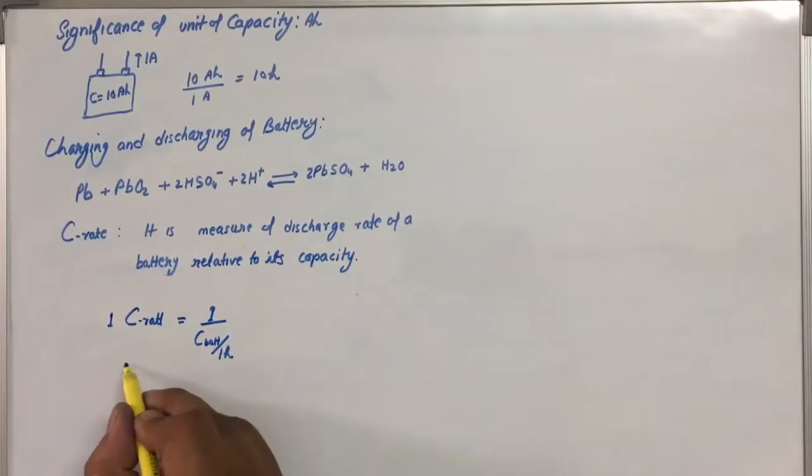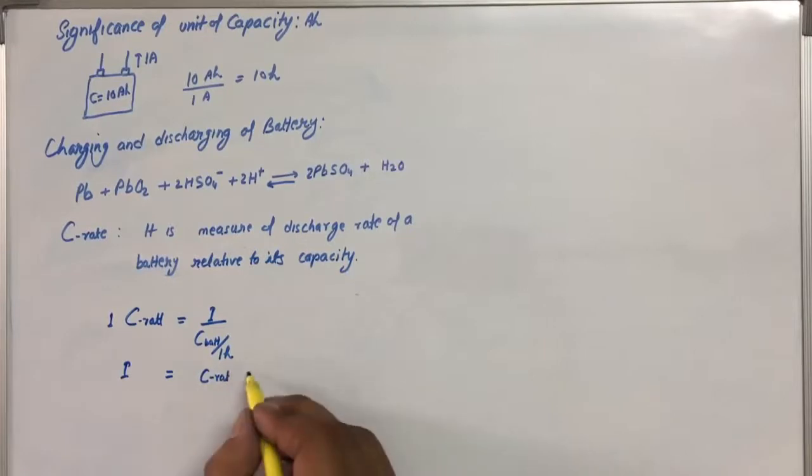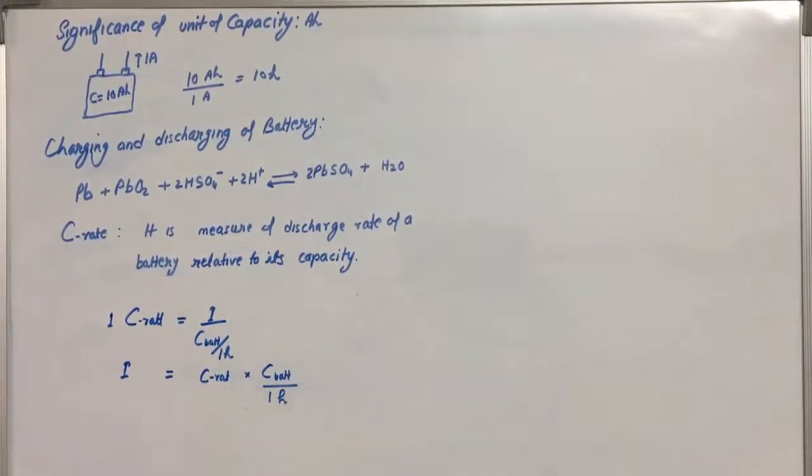So from here we can write I is equal to C rate multiplied with the capacity of the battery divided by 1 hour.